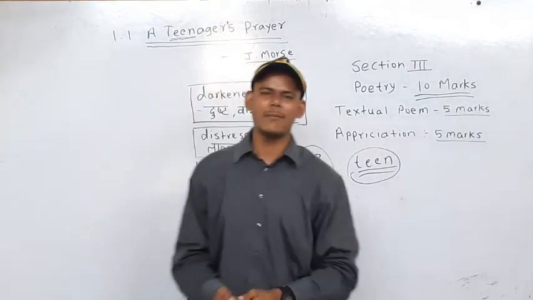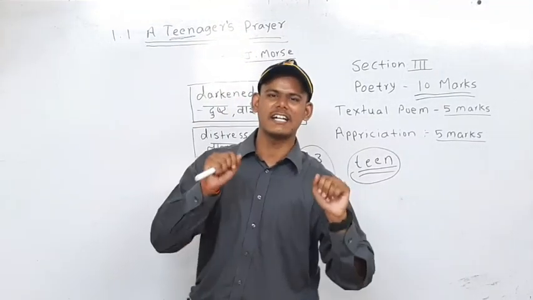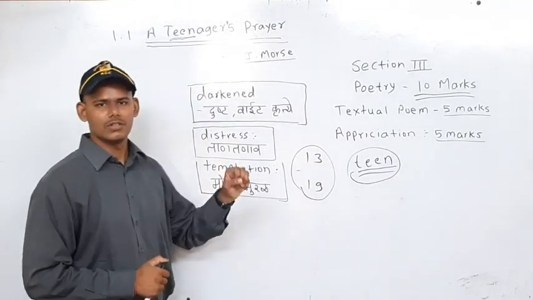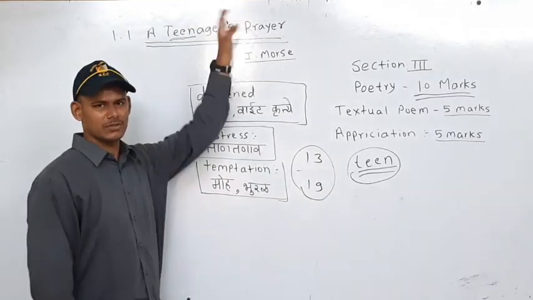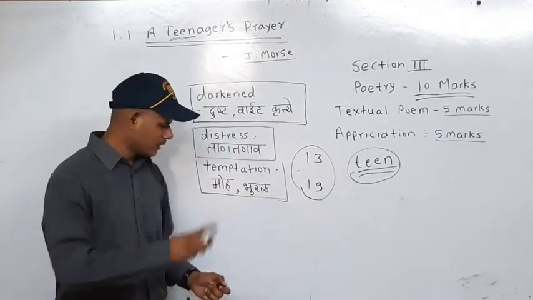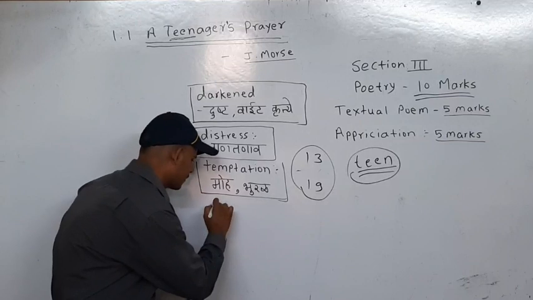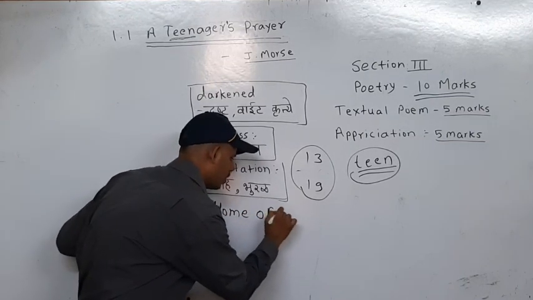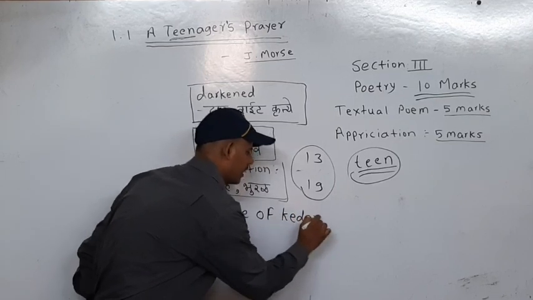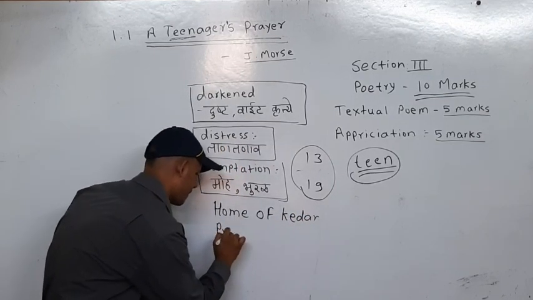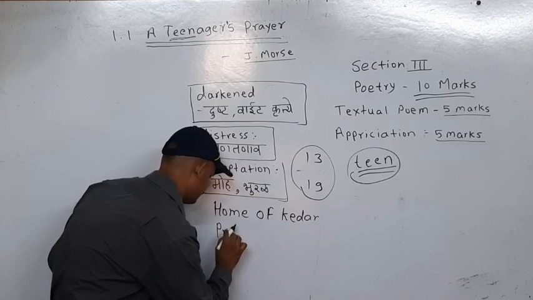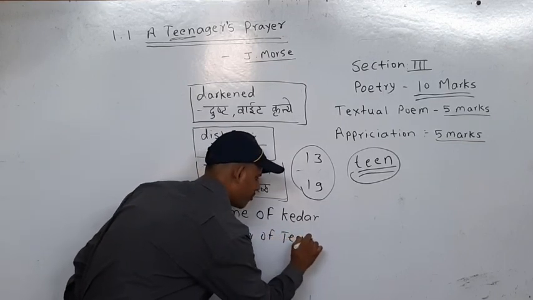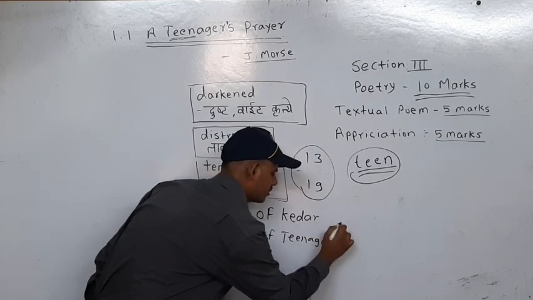And you have learned apostrophe in standard 6. 6वी पासून apostrophe आपण शिकत आलेलो आहोत. You can take examples of apostrophe like home of Kedar or prayer of teenagers.